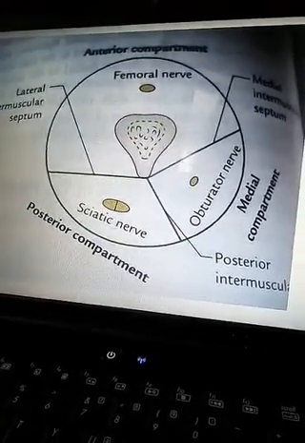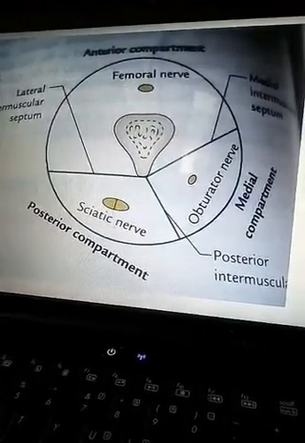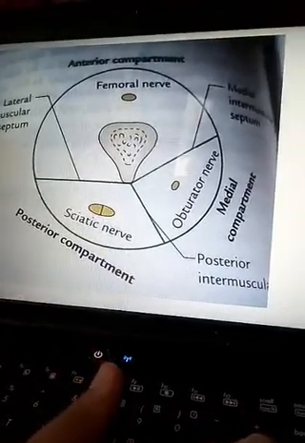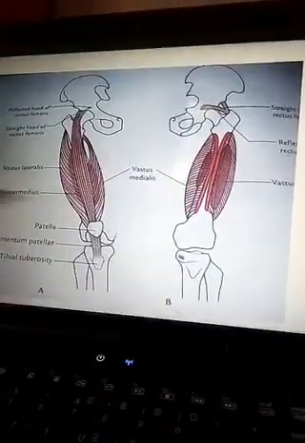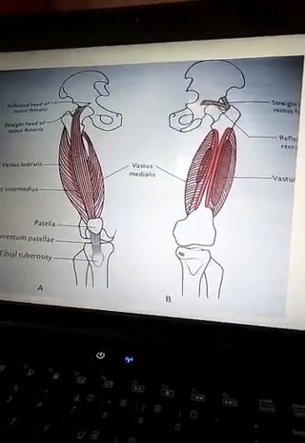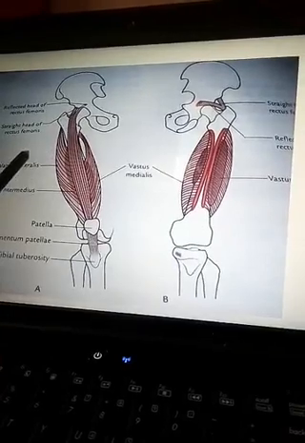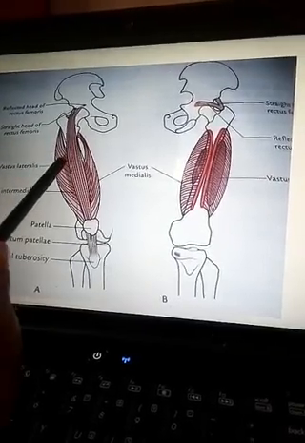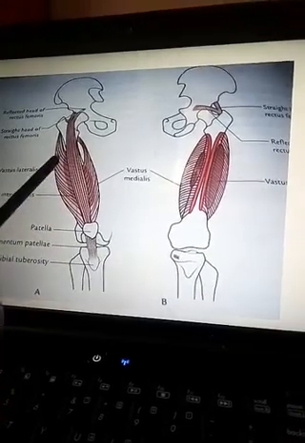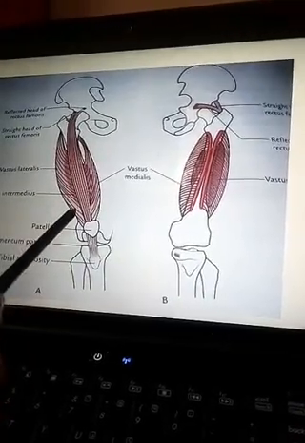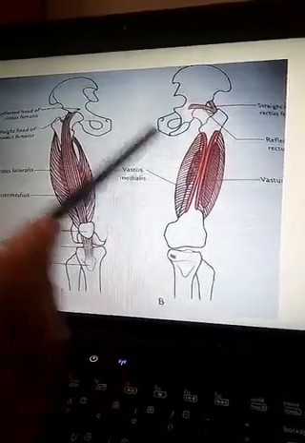Nerve, that is the femoral nerve, and artery, that is the femoral artery. Now muscles of the anterior compartment. Quadriceps femoris, it consists of four parts: rectus femoris, vastus lateralis, vastus medialis, and vastus intermedius.